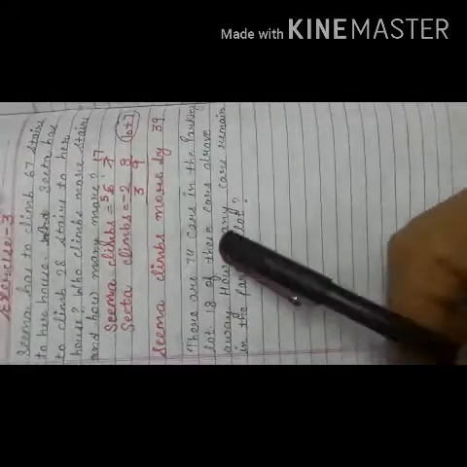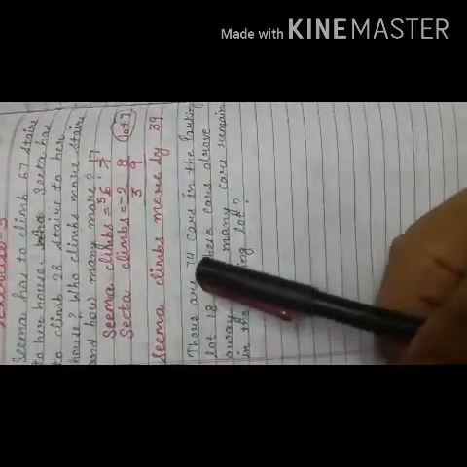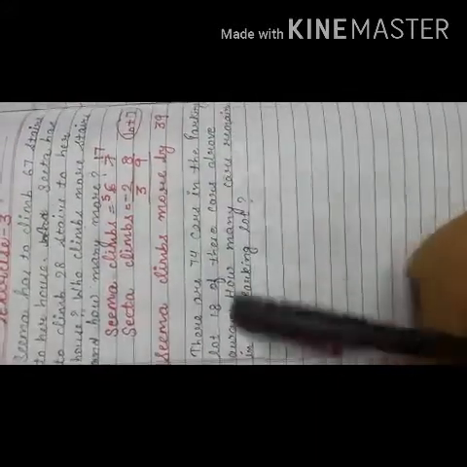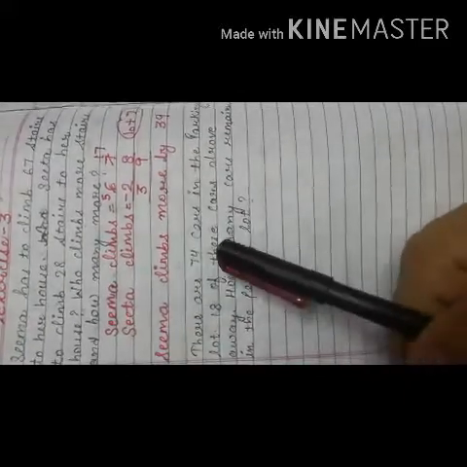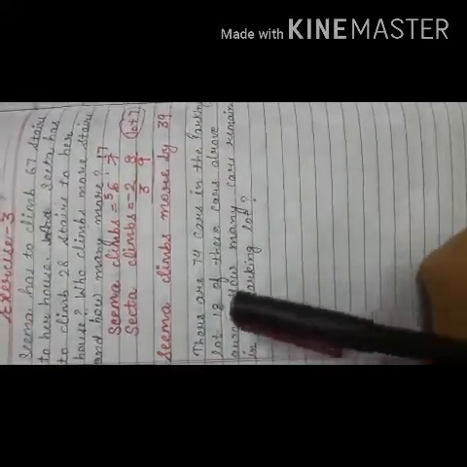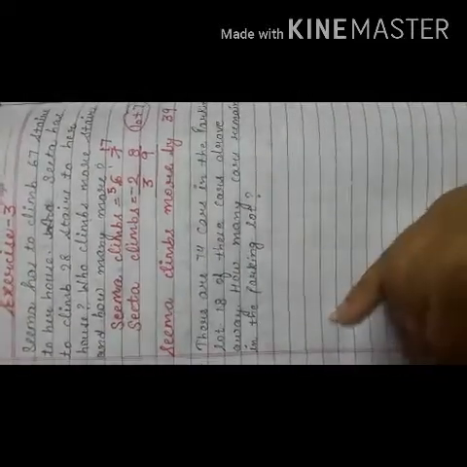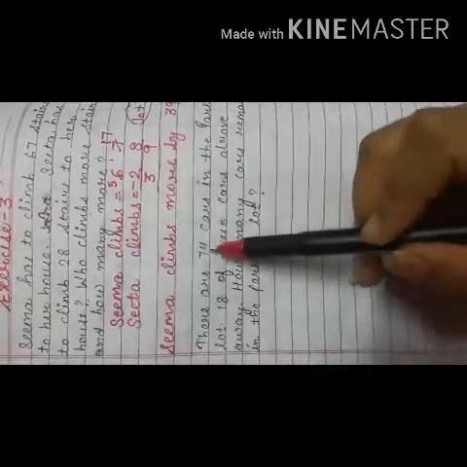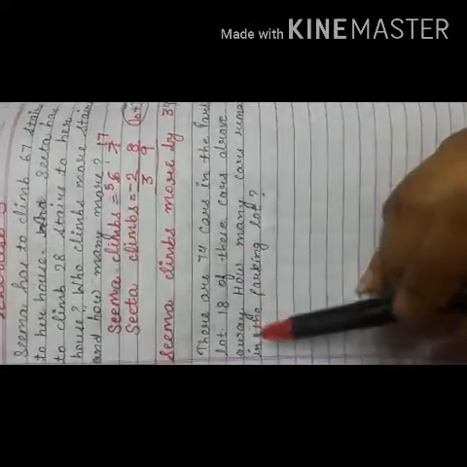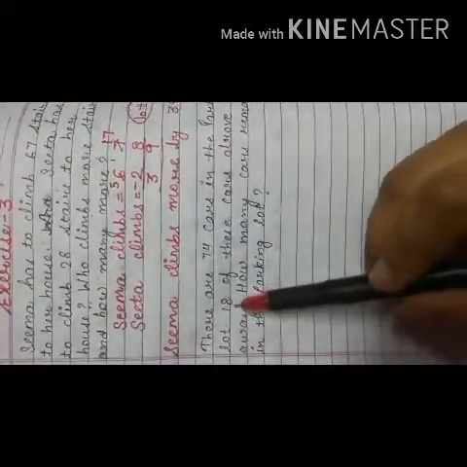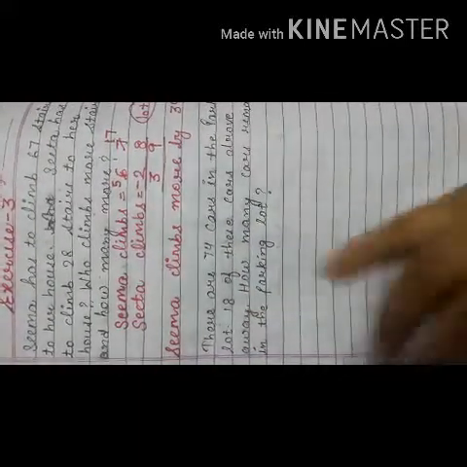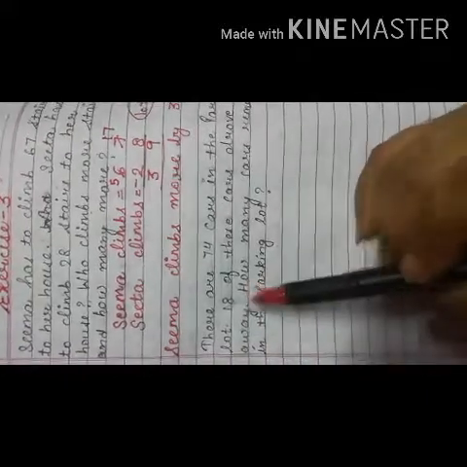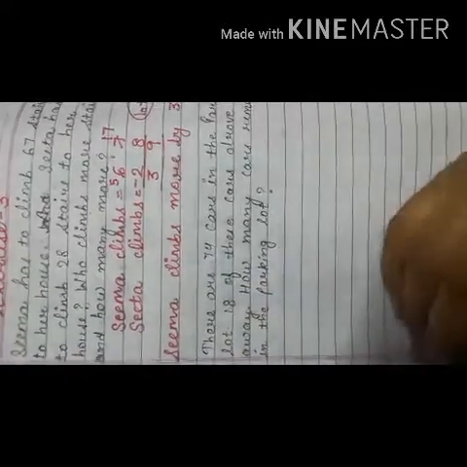Let us read it now. There are 74 cars in the parking lot. 18 of these cars drove away. How many cars remain in the parking lot? In the parking lot there were a total of 74 cars, out of which 18 cars drove away, मतलब उसमें से 18 कार्स को निकाल कर ले गए.